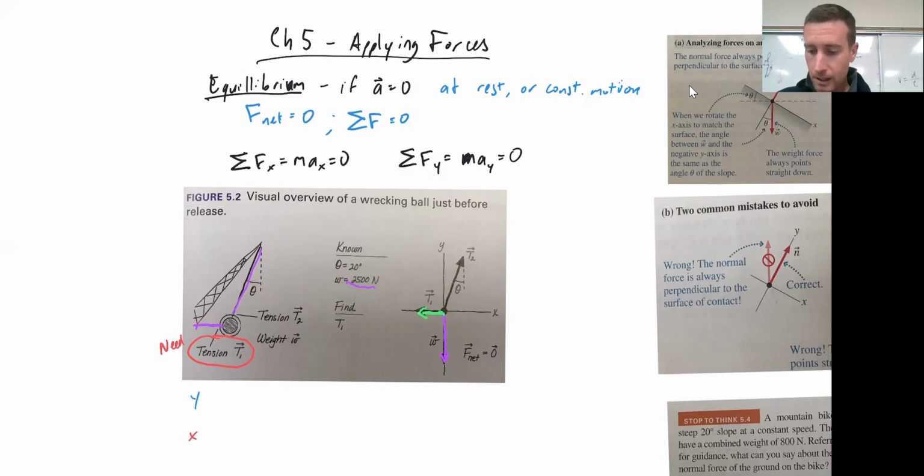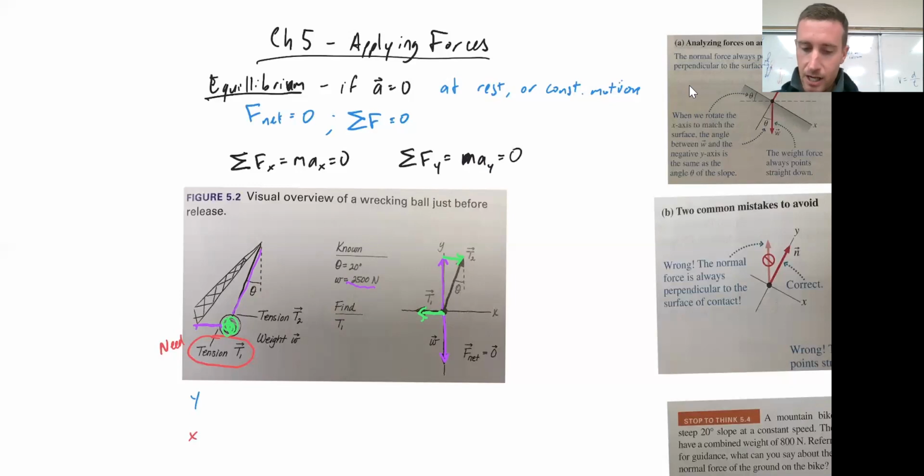It's not vertical. So the vertical component of tension has to be up here, right? The purple going up has to match the purple going down. And the horizontal component of tension that way has to match this green horizontal, because I know that the ball is at rest, it's not moving.